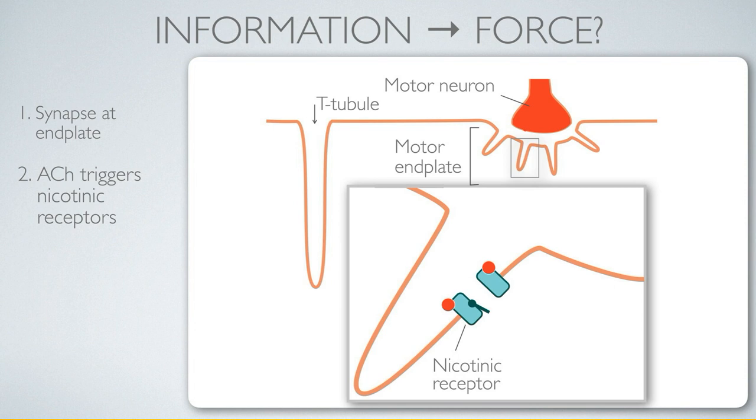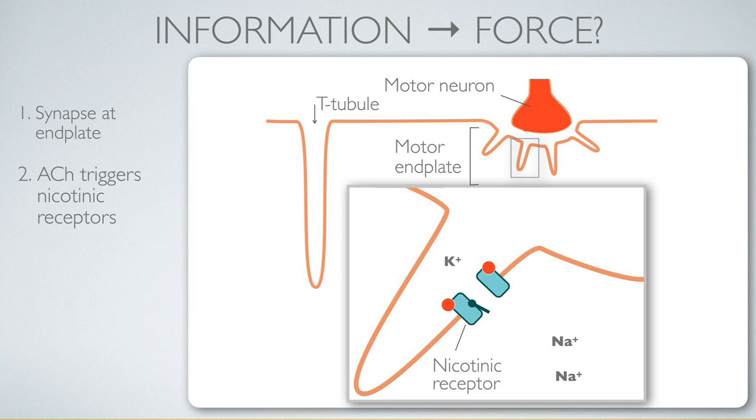And the ion flux that is permitted is a little bit different than some of the others that we've considered. First of all, potassium is allowed to leak out of the muscle fiber. So what is that going to tend to do? It's going to tend to hyperpolarize the membrane, which you would think would be the exact opposite of what we're after here, because we want to excite the cell. But at the same time that a small amount of potassium is permitted to escape, even more sodium rushes into the cell.